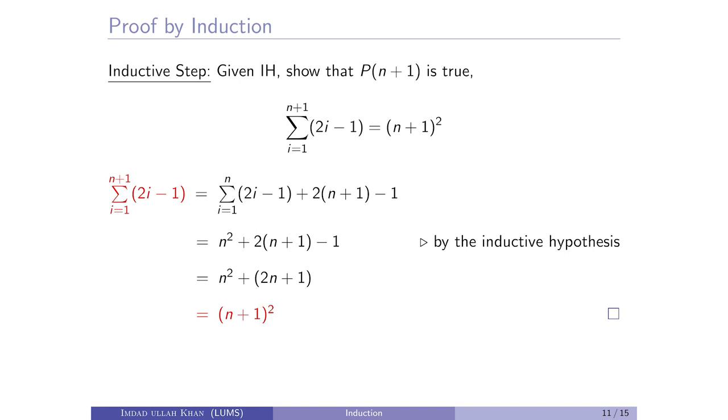So this is representing the last term of this summation. And the first part, this summation, is substituted with what is given through the inductive hypothesis. So this is n squared because this is the sum of the first n odd integers. So if we solve this whole thing, we end up with n plus 1 whole square. Okay, make sense? Any question or concern till this moment?